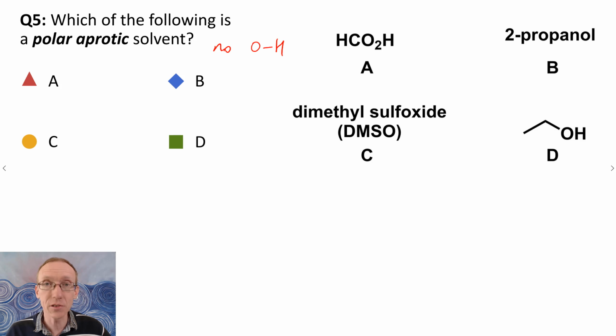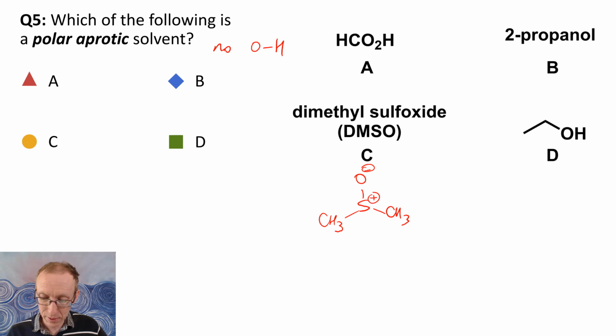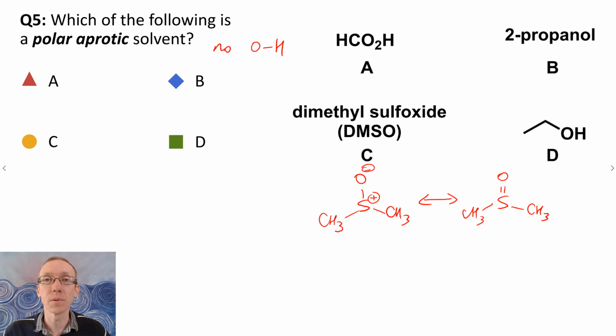Dimethyl sulfoxide, the structure is not drawn out, but it has a sulfur-oxygen bond with two methyl groups on the sulfur, and we can draw it as this species with a formal positive charge on sulfur and a formal negative charge on oxygen. That's probably the best way to draw this. There's another form, a resonance structure, where we can draw a sulfur-oxygen double bond, and the two CH3 groups.